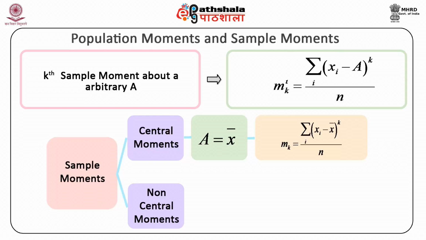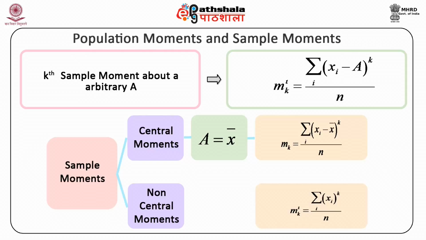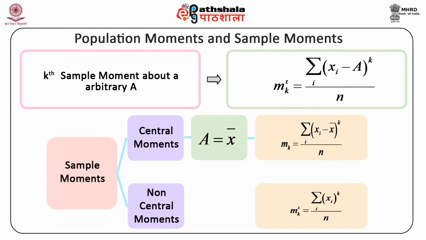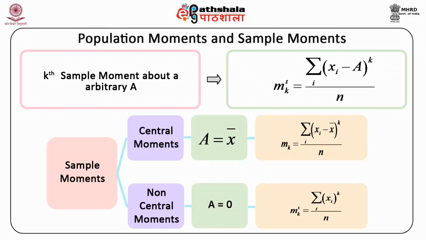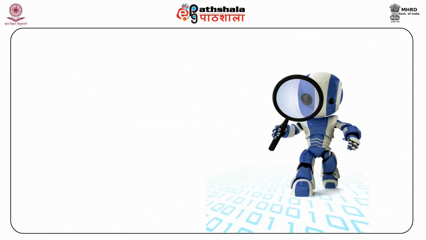And the kth moment about the origin is defined as m_k prime is equal to summation over i of x_i raised to power k divided by n. Here too, the first central moment is always 0 and the first moment about 0 is the sample mean. Next, we will discuss the method of moments estimation.